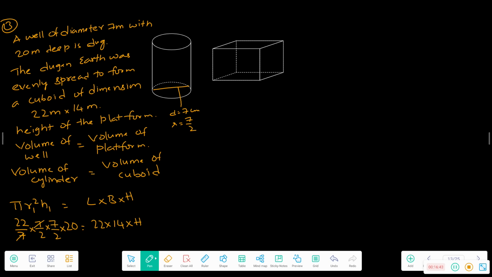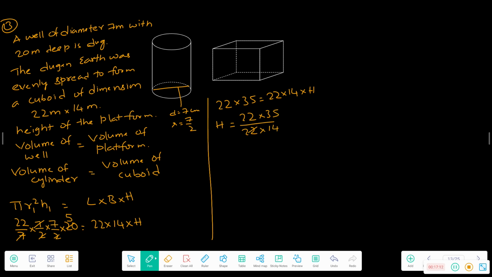So here 7 gets cancelled, 2 into 4, 4 5s are 20. So 22 into 35 is equal to 22 into 14 into H. So H is equal to 22 into 35 by 22 into 14.